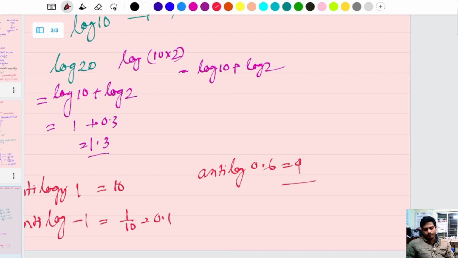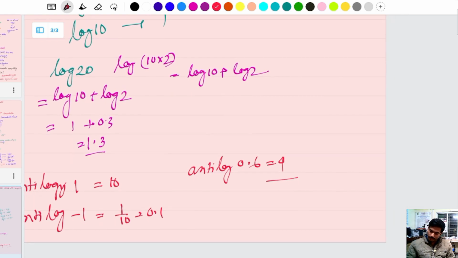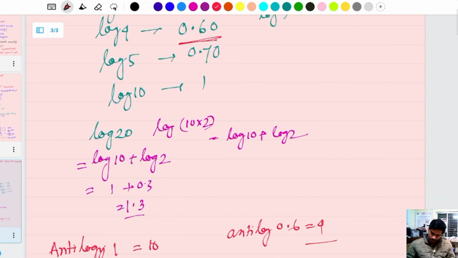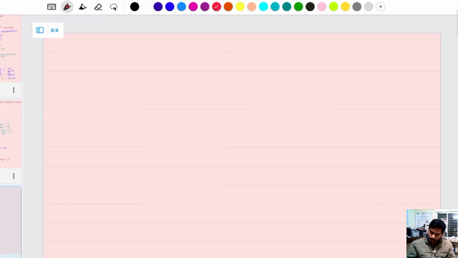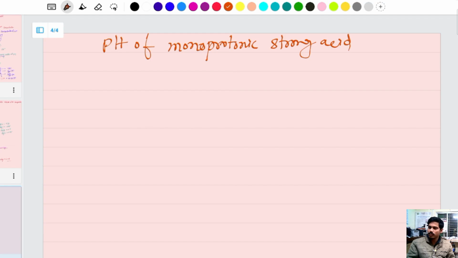And now the pH of a monoprotic strong acid. Okay, page is changed, let's take a new page. So the question is the pH of a monoprotic strong acid, say 1 millimolar HCl.